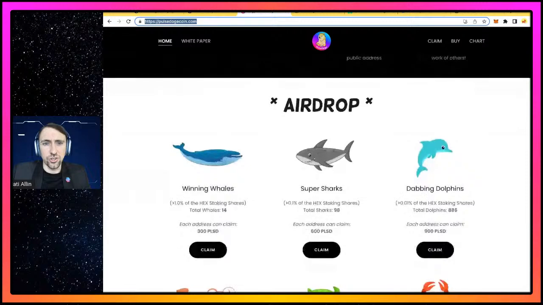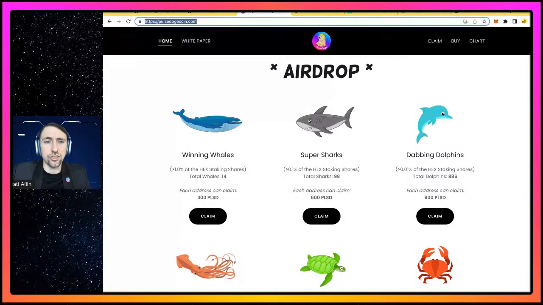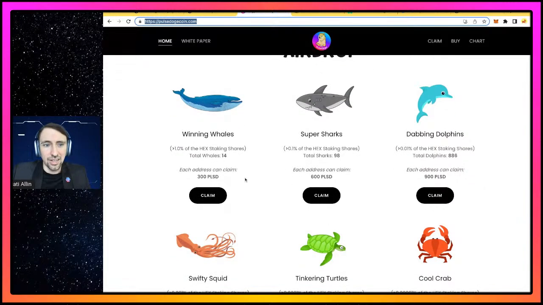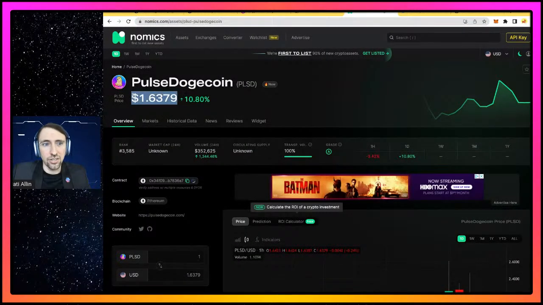This is the most interesting part here, everybody, is that the distribution of the tokens is different than what we saw for Hedron, which rewarded the people who had the most TShares. In this case, if you're a whale, you get 300 PLSD, and the price of these right now, we can check on Nomics, started at $1 yesterday.